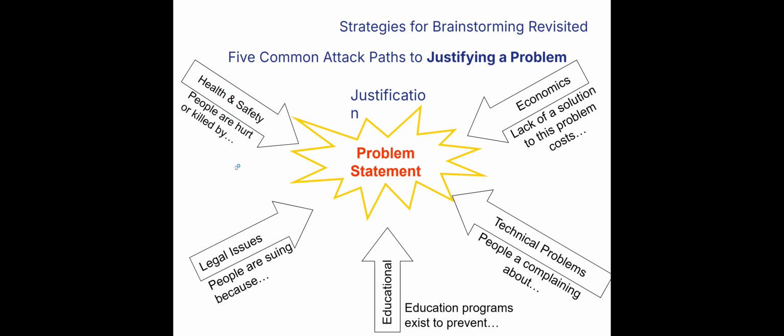Three is a bare minimum, four is great, five is golden, if they can come at it from all five directions. It's like people are hurt or killed by this, people are suing because of that, that sort of thing. And they've got backup for each of those statements, which they've done in their research.